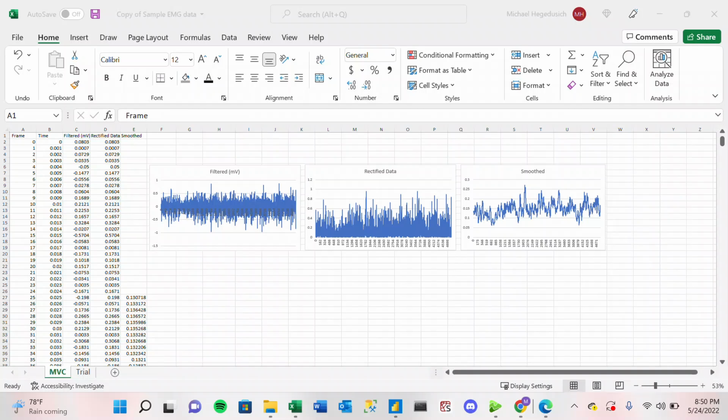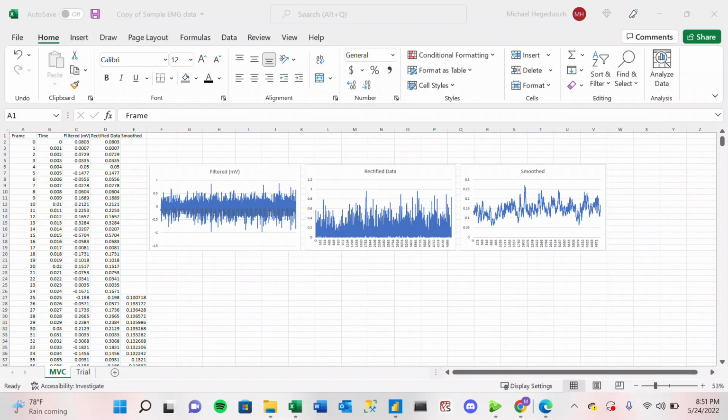As we can see in the first filtered graph, it's very hard to read and analyze. So what we do is we rectify the data. In other words, we take the absolute value of the data. As we can see in the filtered data, we have positive and negative data points. So by rectifying the data, by making them all positive values, it gives us a little bit of an easier look at the data.